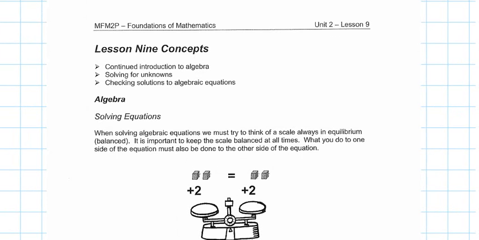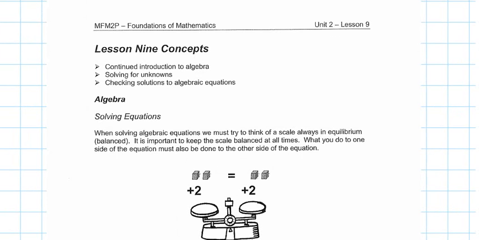An equation is like a mathematical sentence with an equal sign inside of it, okay? So in order for us to call it an equation, we must have an equal sign. And we have two sides. We have the left side and we have the right side, okay?